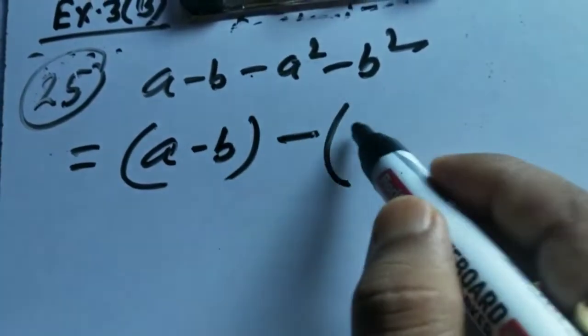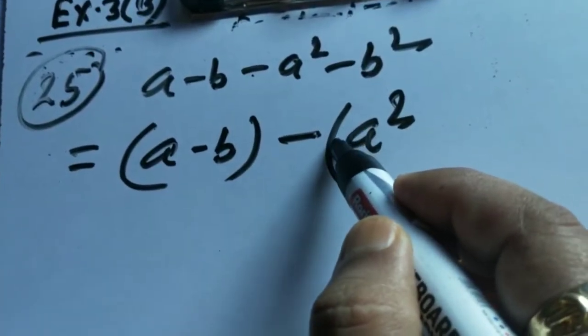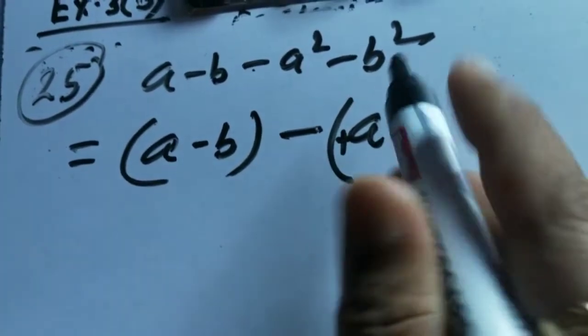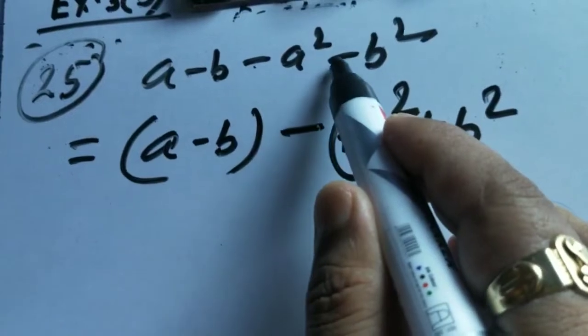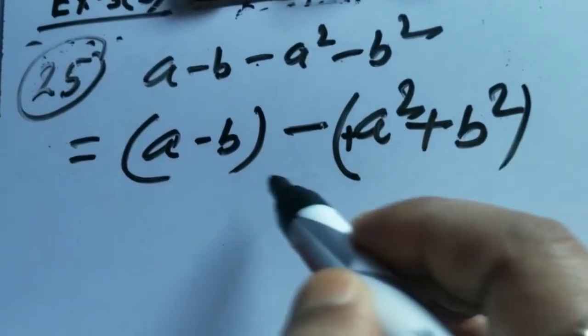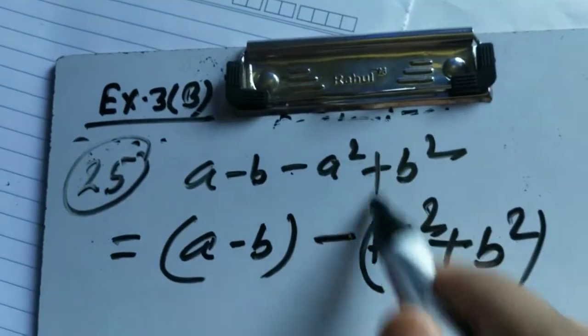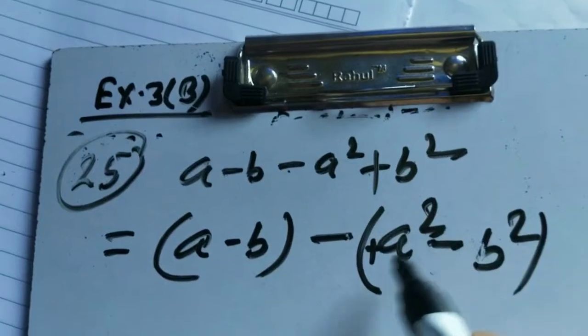This minus will change into plus, that is a square. Plus sign is here, so there is no need to write the plus sign. Oh sorry, plus sign is here, so it will change into minus sign.